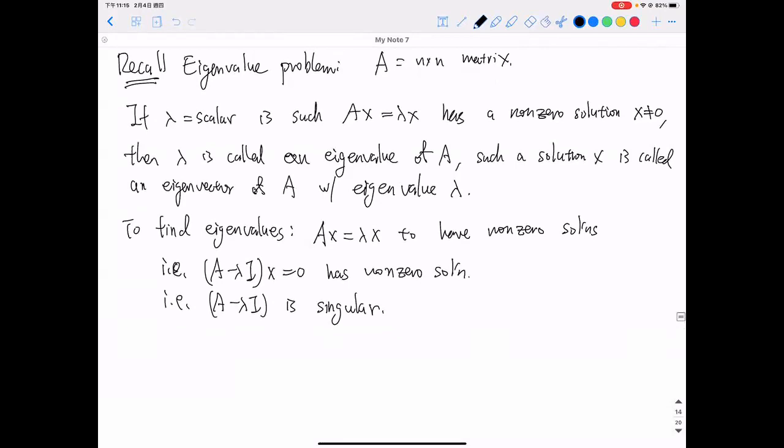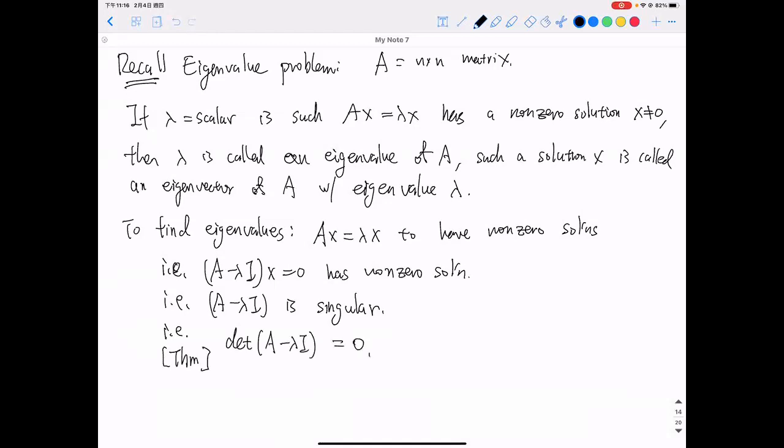Now, by the previous long discussion about the determinant, to say that A minus lambda I is singular is the same thing as saying the determinant of A minus lambda I is 0.